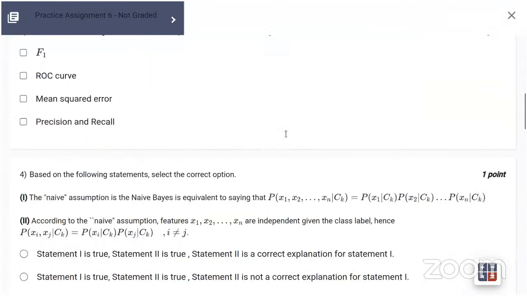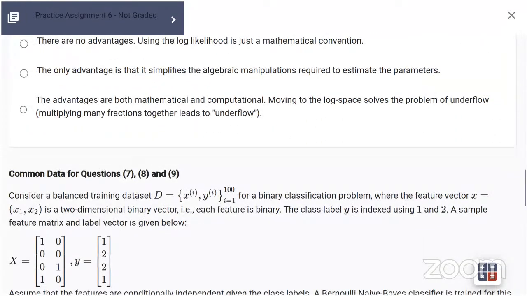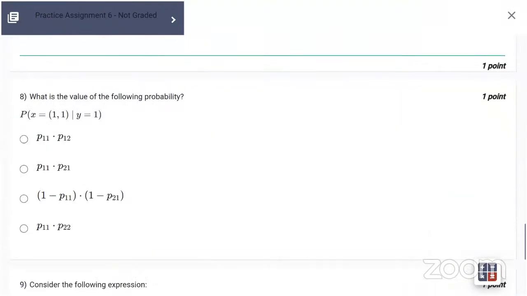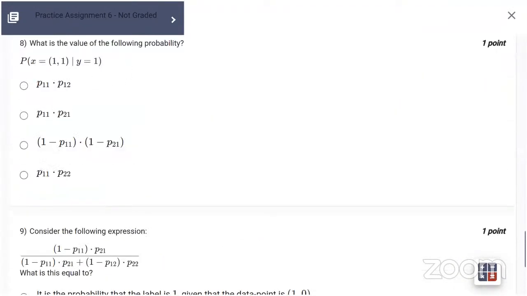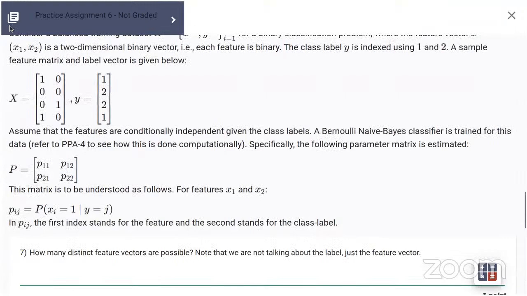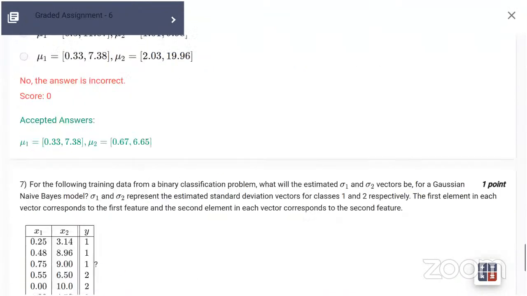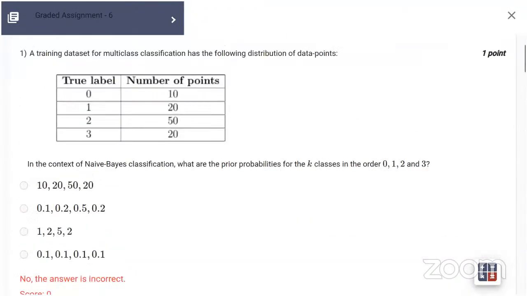There's one numerical here, right? Questions 7, 8, 9, please go through them. It's not a real numerical, but it's kind of conceptual, so that will help you to some extent. In the graded assignment, this kind of question can come from naive Bayes.